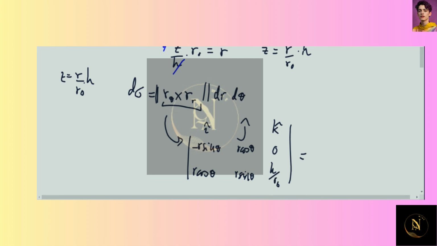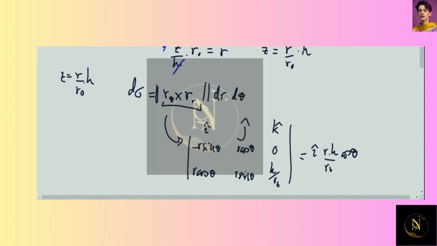So this vector is going to have an i component of r times h over r naught times cos theta.